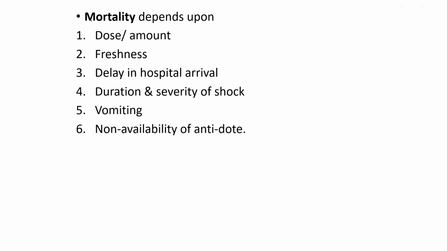The mortality rate specifically depends upon the dose that has been taken, the freshness, whether it was very fresh or very old, present for years and years, the arrival time at the hospital, the duration and severity of the shock, the vomiting, and of course, non-availability of the antidote.